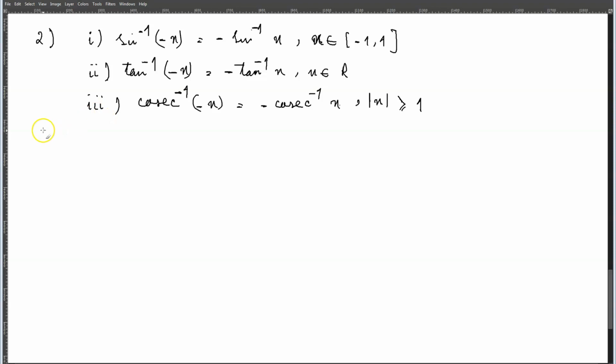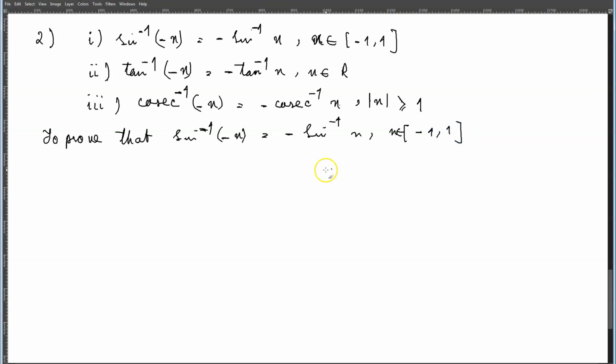So for example, to prove that the sine inverse of negative x is equal to negative sine inverse of x for all x's belonging to the interval -1, 1, you can do the following.